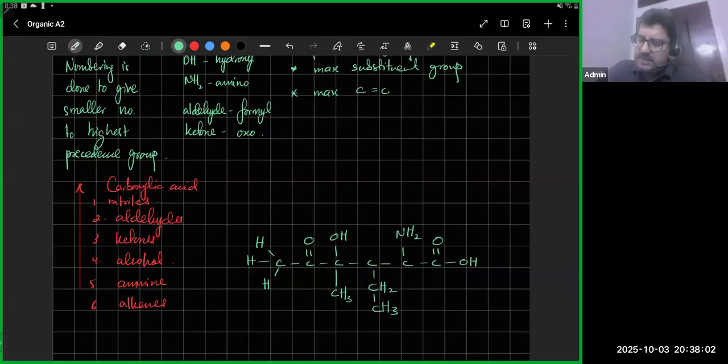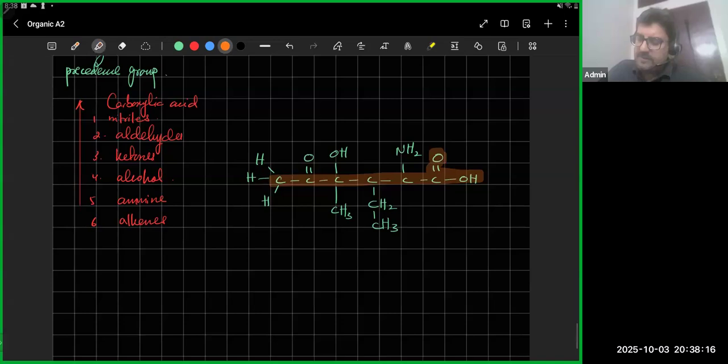Now, the longest chain in this molecule is this one, and carboxylic acid is the highest precedence group, so everything has to be named after that. It's 1, 2, 3, up to 6.